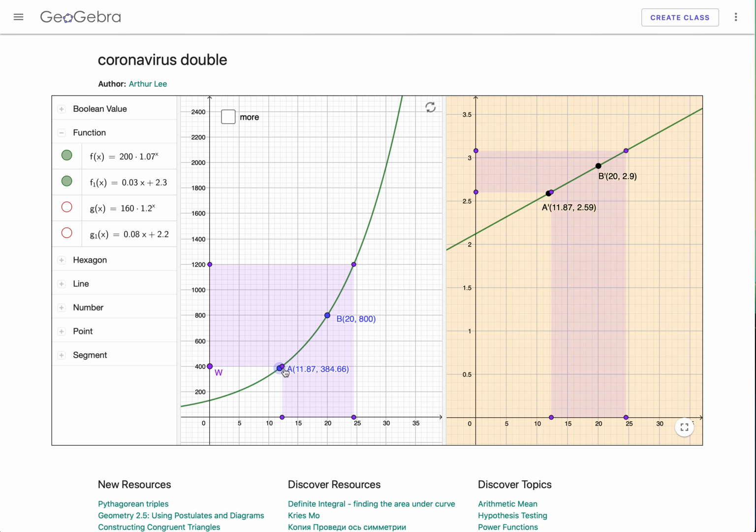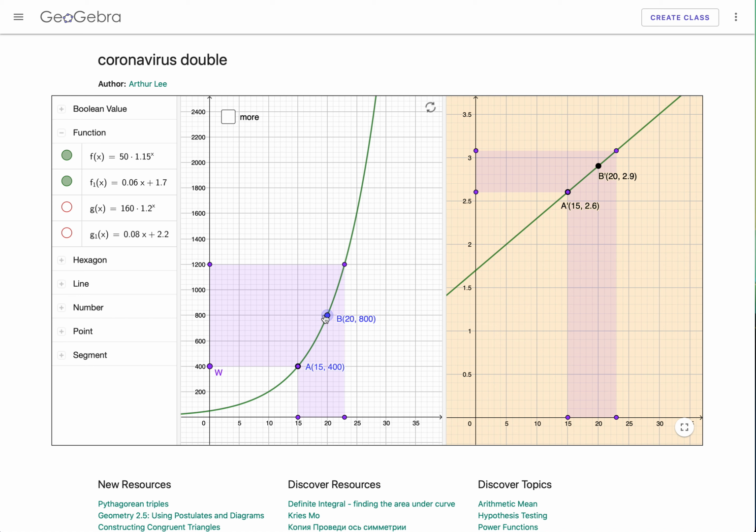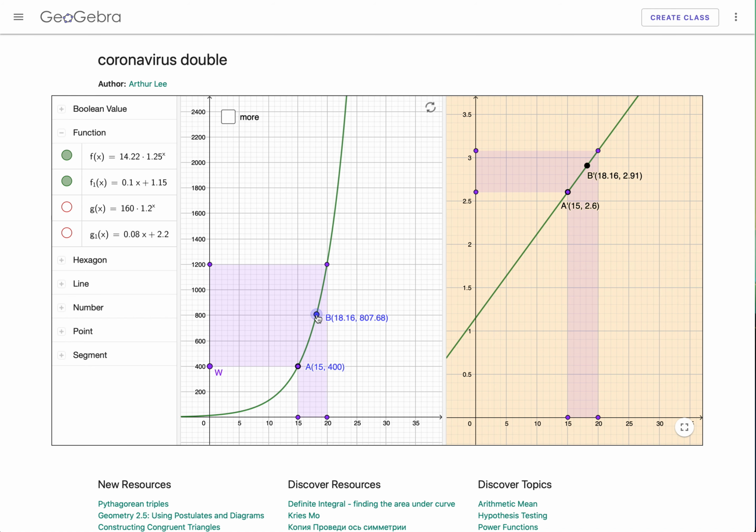For example, if I look at the case of originally, this is about doubling in 5 days. That means if you take 5 days, then the value will grow to twice the value. And here, the factor you can see in this curve is about 1.25. So it has a growth factor of 1.25.